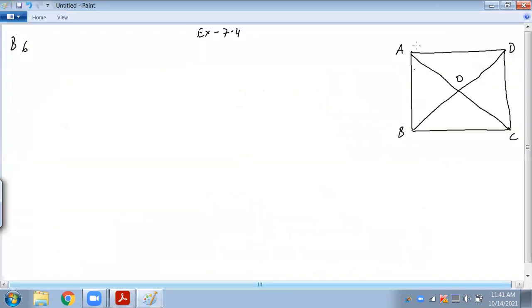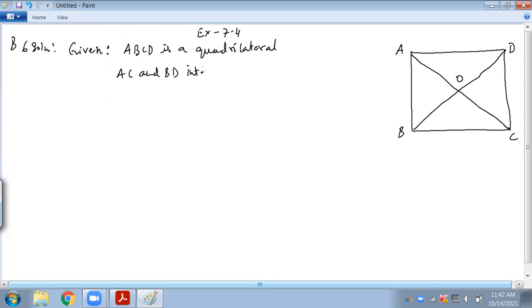Okay, so ABCD is a quadrilateral and the diagonals AC and BD intersect at O. Let's write the given. Given is ABCD is a quadrilateral and AC and BD intersect at O. Now to prove what?